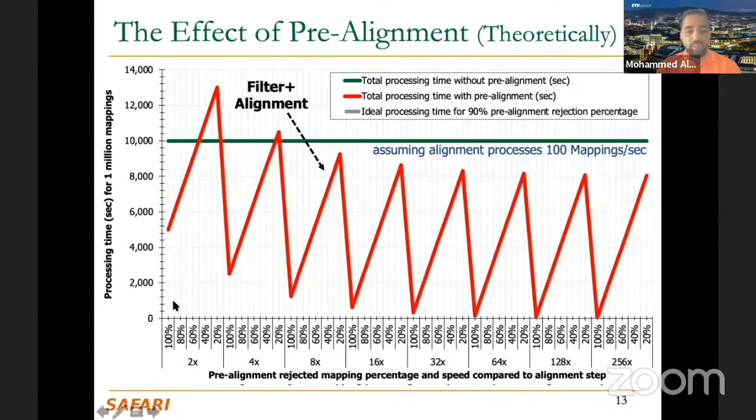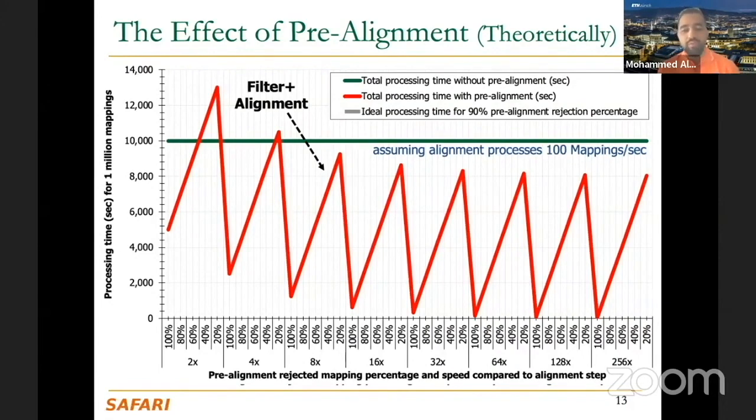Now, as we reduce the rejection rate, the filtering time starts to dominate, even becoming slower than sequence alignment alone. So if we reject only 20% of the pairs at the peak, and 80% of the pairs go to the alignment, then what will be the total execution time?